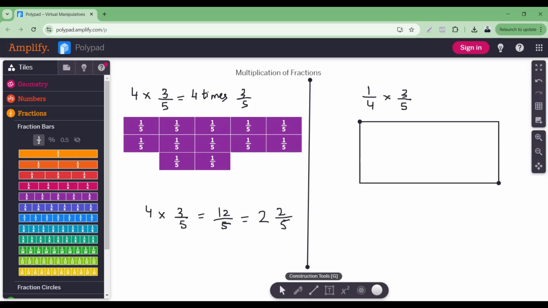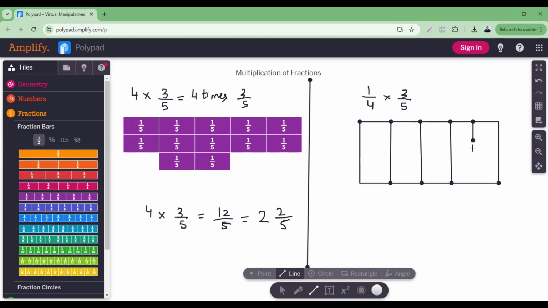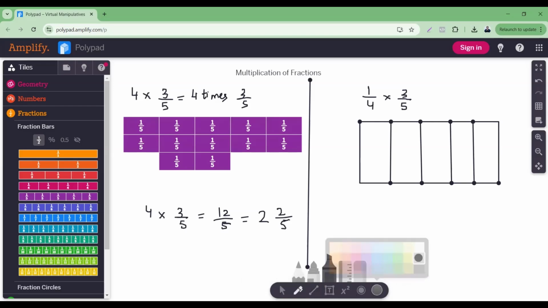We make the fraction by making five equal divisions, five equal parts out of this. And later on, what am I going to do? I'm going to color three parts. If you see, I am coloring three parts here.